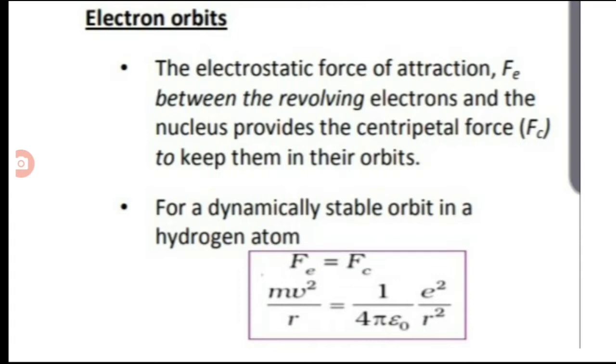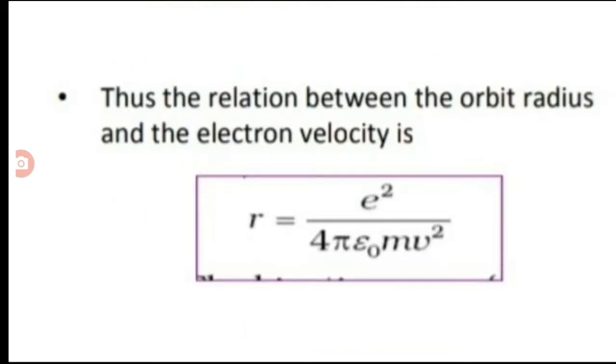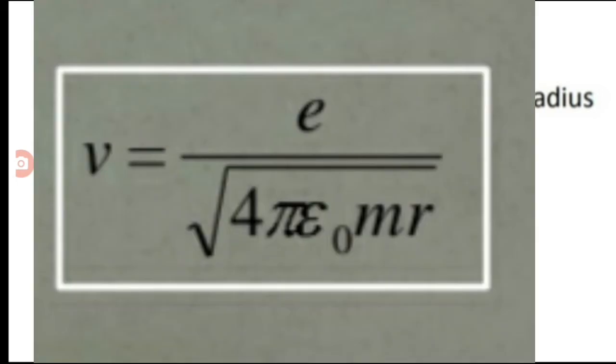And since this force provides the required centripetal force, we can write mv square by r is equal to 1 by 4 pi epsilon 0 e square by r square, where mv square by r is the centripetal force. So rearranging the equation, we get an expression for the radius of the path as r is equal to e square divided by 4 pi epsilon 0 mv square. We can rearrange this equation to get an expression for v.